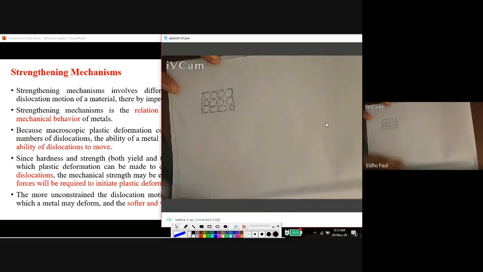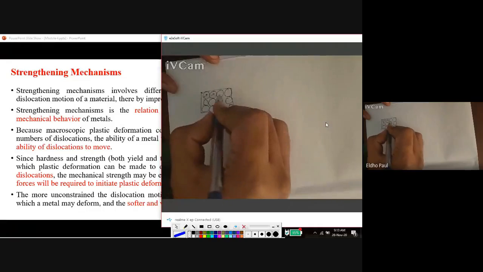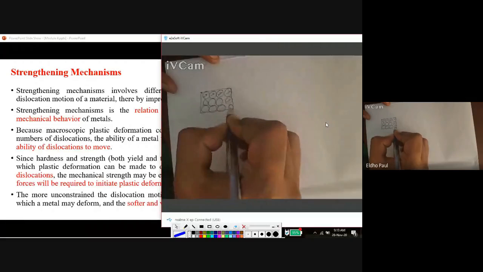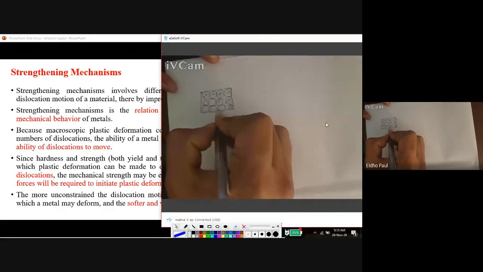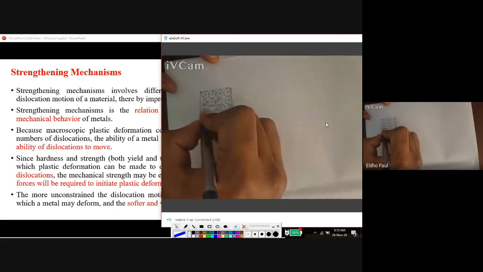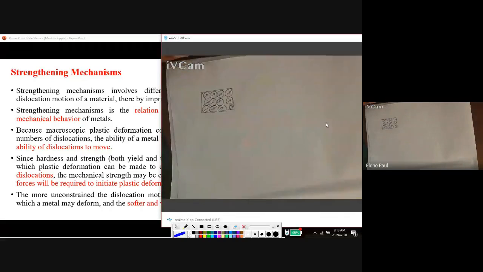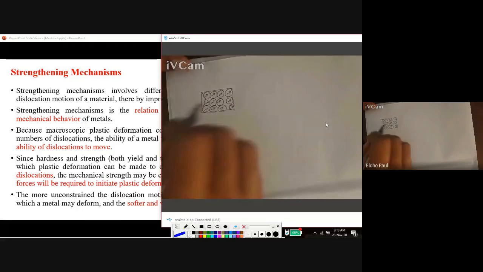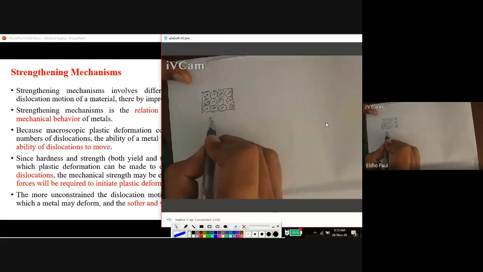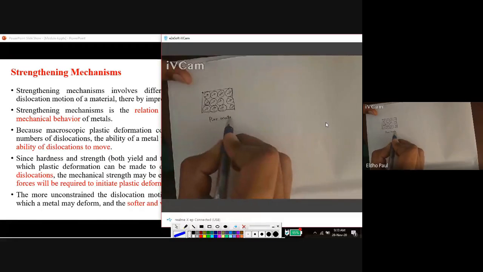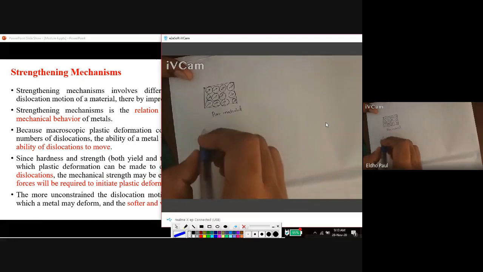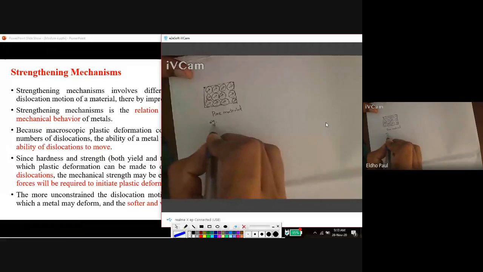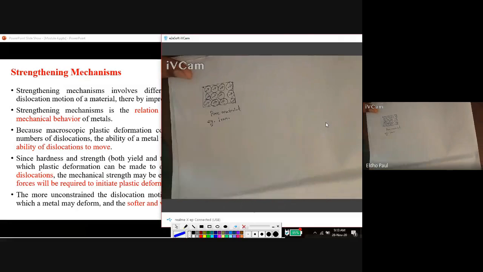We can see the atoms are orderly arranged throughout the material. The orientation of the atoms is the same everywhere. So this is a single crystalline pure material, there is no impurity. For example, we can take iron. Iron is a pure material.